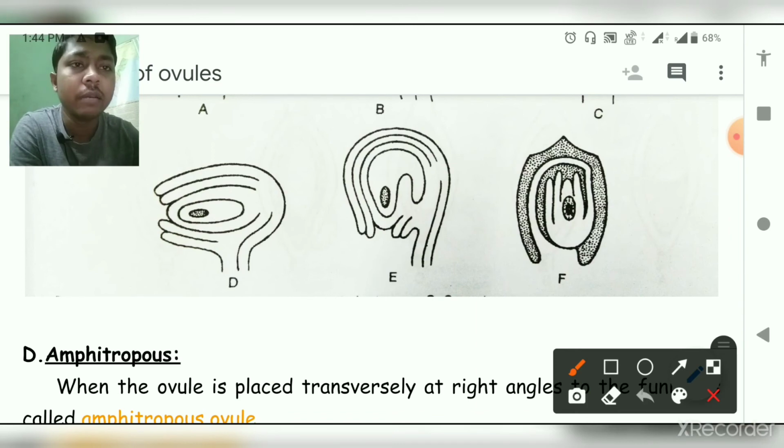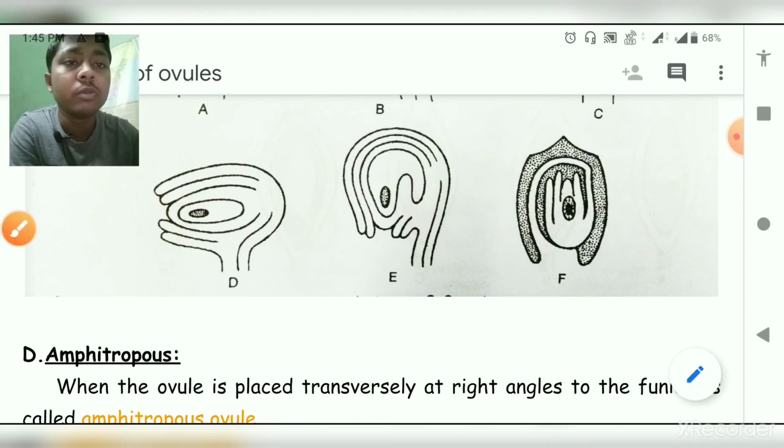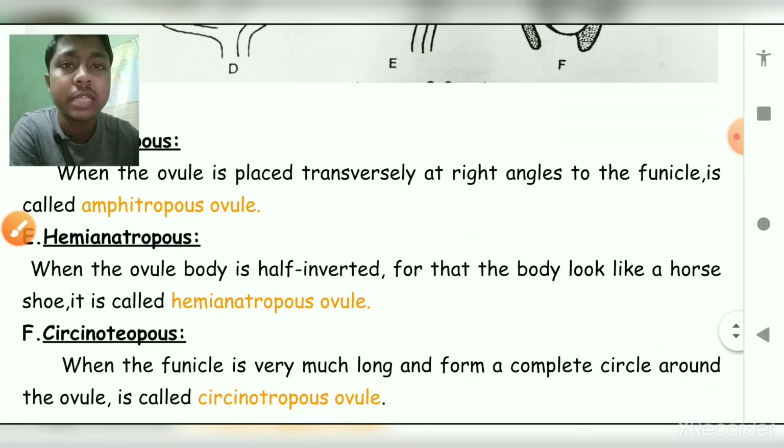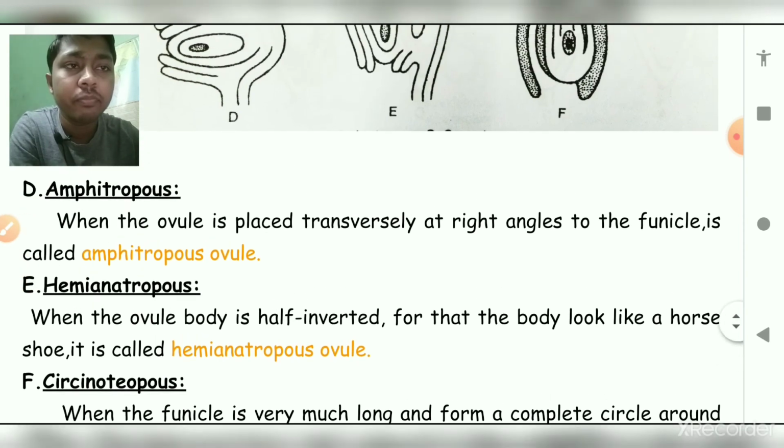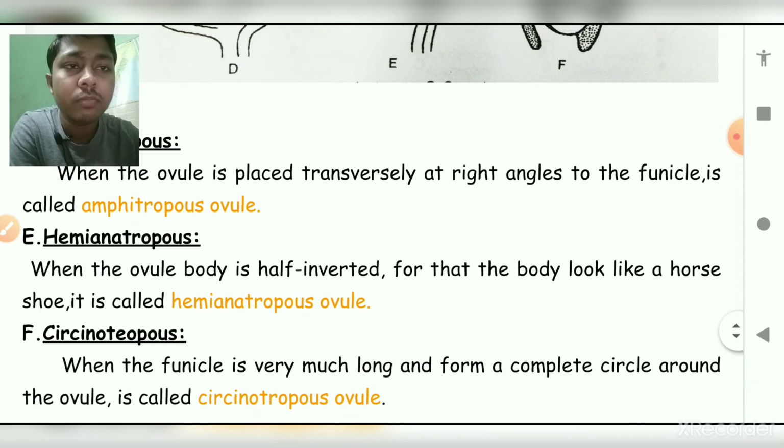Here in E, the body of the ovule is not completely inverted. This is the picture, this is the body of the embryo sac. This is not completely inverted, this is half inverted, and that's the reason it is called hemianatropous ovule. Okay, so now we read what the statement says here.